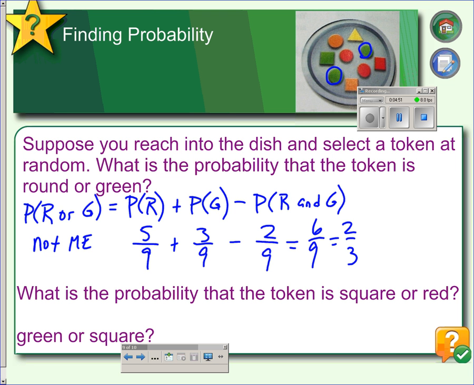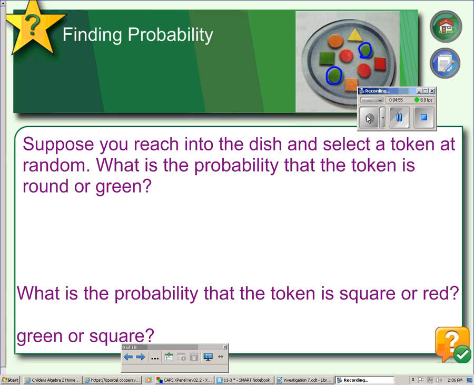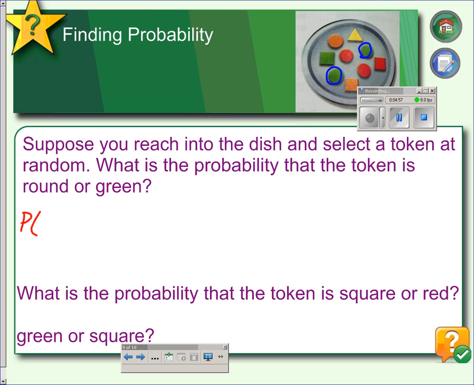Okay, the probability that the token is square or red. Probability of square or red. Since some of the red ones are square, we have to do the longer formula again. Square plus red minus the squares that are red.